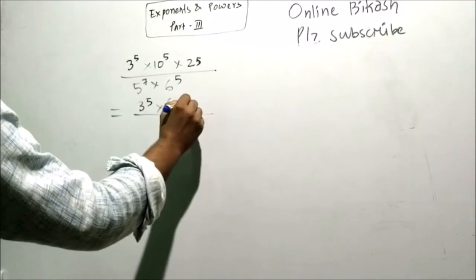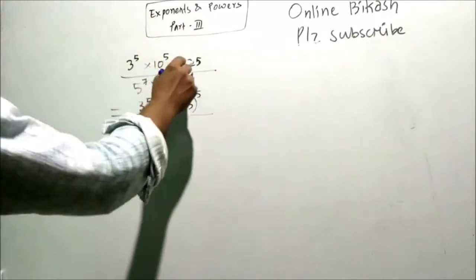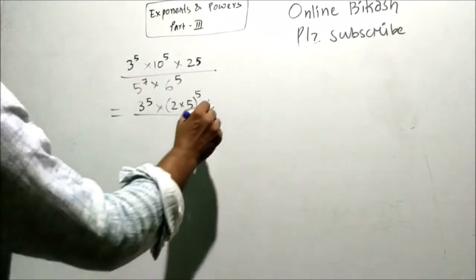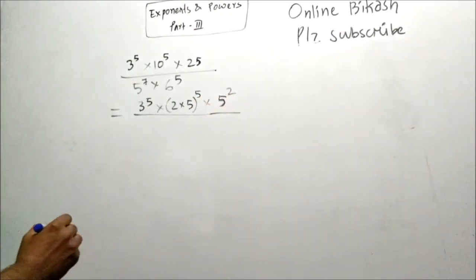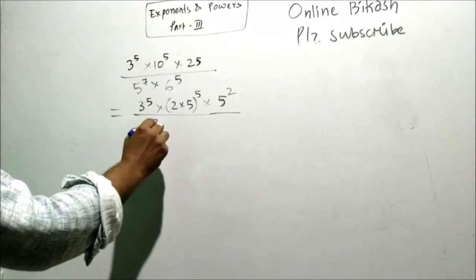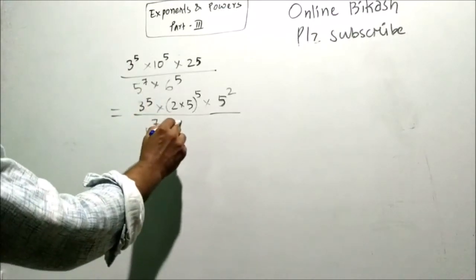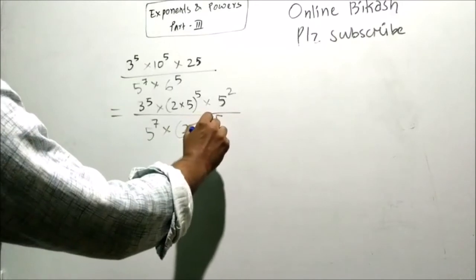Right? 25 can be written in the exponential form, that is 5 squared. 5 to the power 7. 6 to the power 5 can be written in the form 2 into 3, because 6 can be written as 2 into 3, the whole to the power 5.